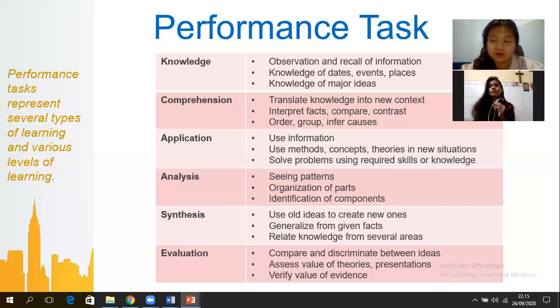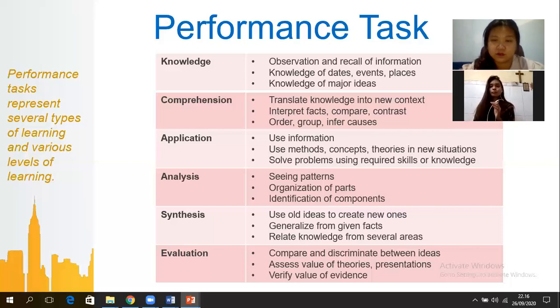They use the methods, concepts, and theories in that situation, based on the skills, which is writing skills, especially to write the essay, and their knowledge that they get from the teacher.